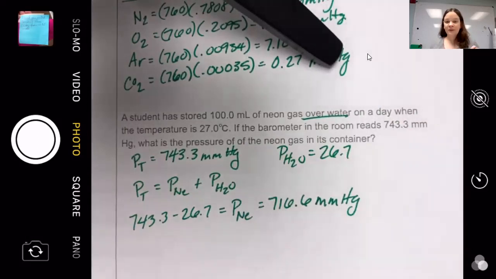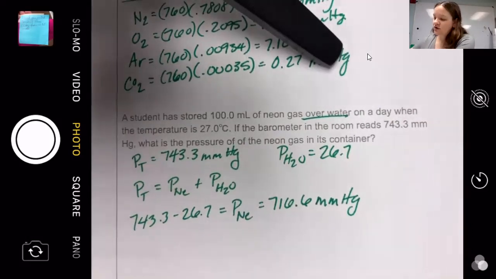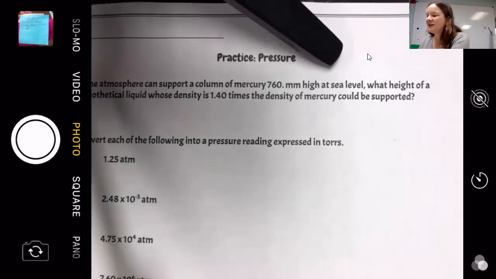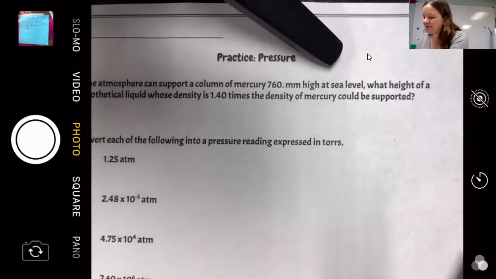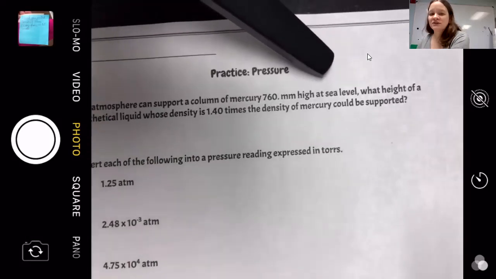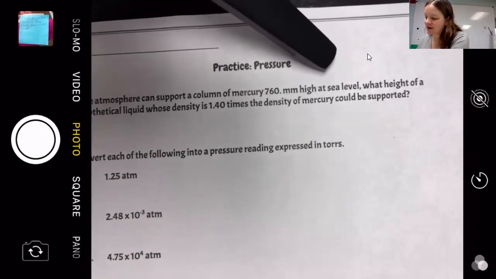Okay. All right, so that's the end of the lesson portion. You still have this practice page. So you need to work on that. So the first one is kind of a hypothetical situation, just asking you to apply the concept.